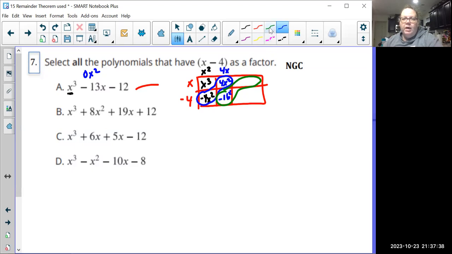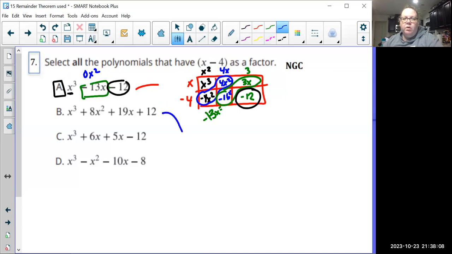These two need to add to the negative 13x. So this must be a 3x. That must have multiplied by 3, and then 3 times negative 4 is negative 12. If this negative 12 is the same as this, that means that I can make all these factors. So this does have a factor of x minus 4.